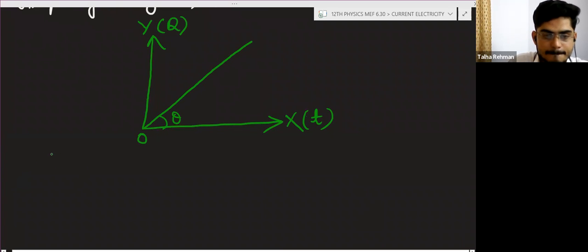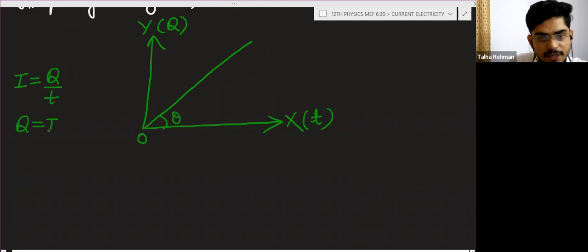Because we know that I is equal to charge upon time, and I can write Q is equal to I into T. And we have to move now to the 11th class straight line chapter.